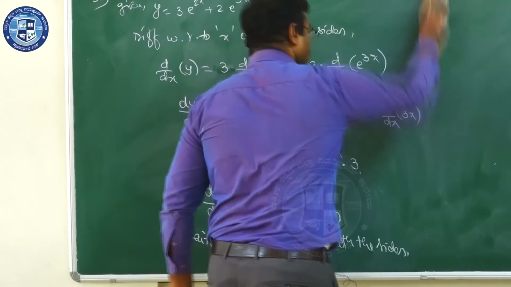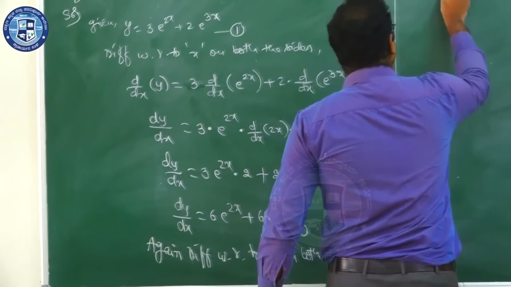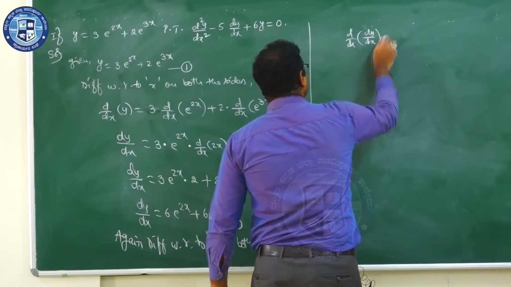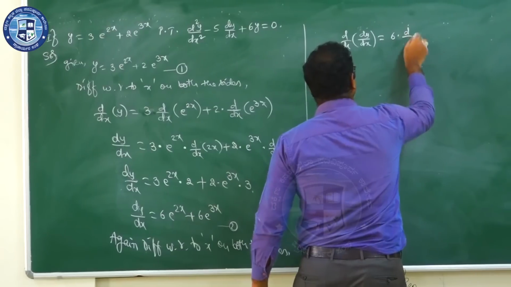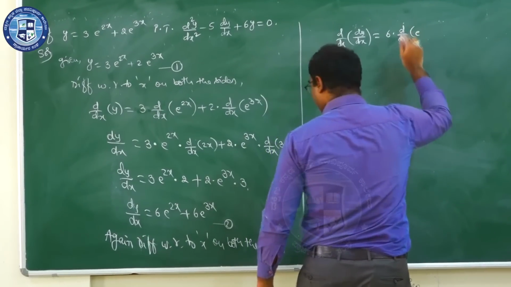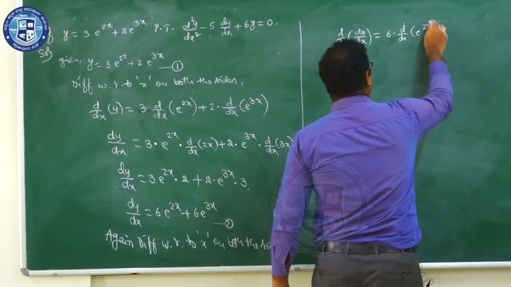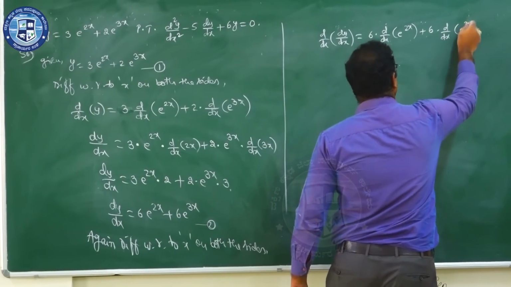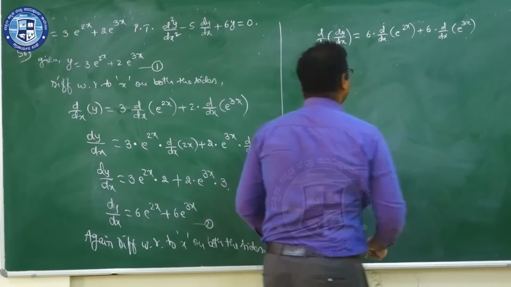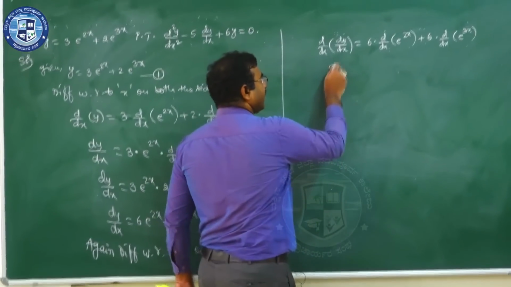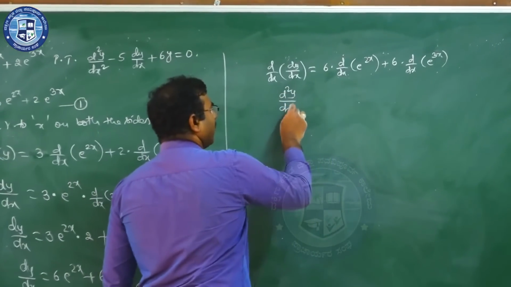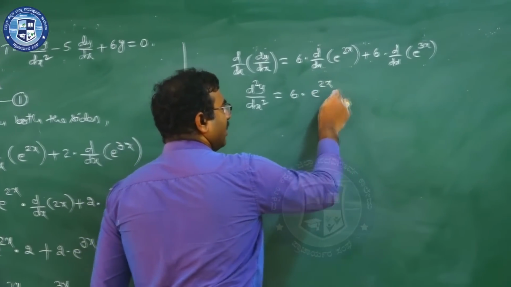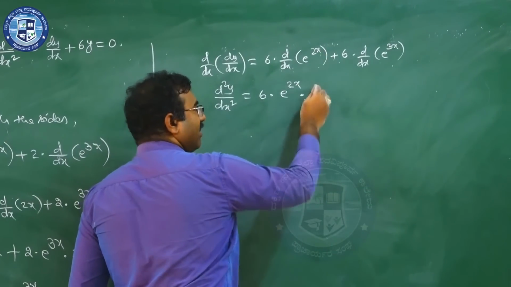What happens? So d by dx of dy by dx is equal to 6 is a constant, so d by dx of e power 2x plus 6 into d by dx of e power 3x. Now it becomes d square y by dx square, 6 into differentiation of e power x is e power x, but this is not x, its derivative you need to consider.